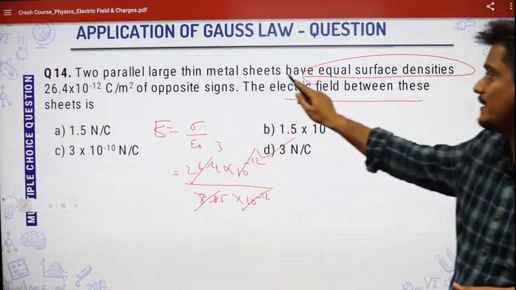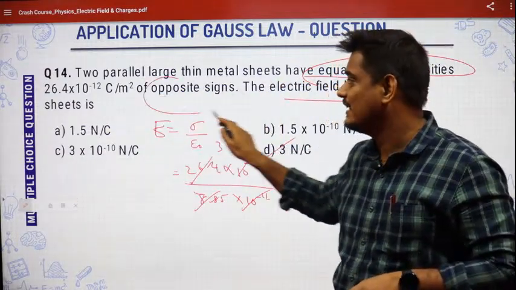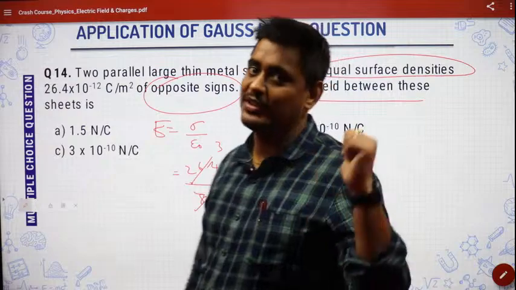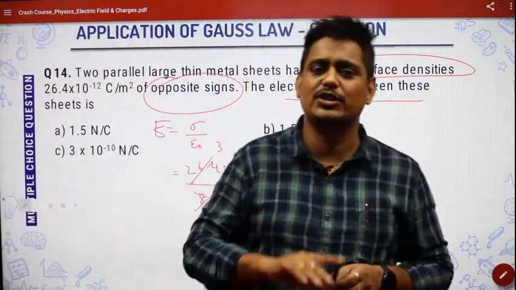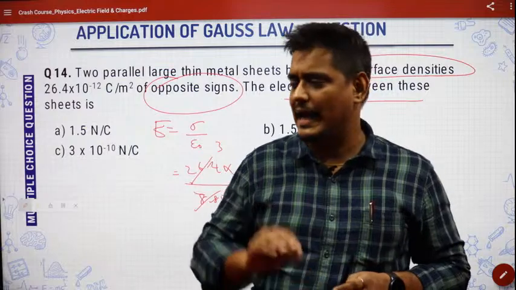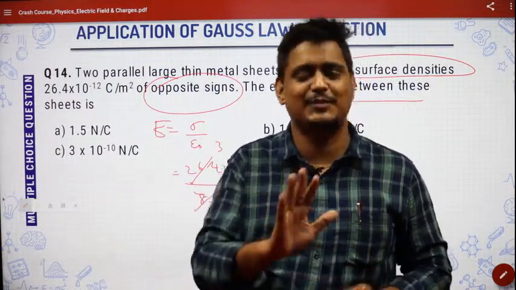Two parallel charged plates have equal surface densities of opposite signs. This question was there in the sample paper. So what I'm coming to say is, read the question very carefully. And questions will not be very tough, believe me, if your concepts are clear.